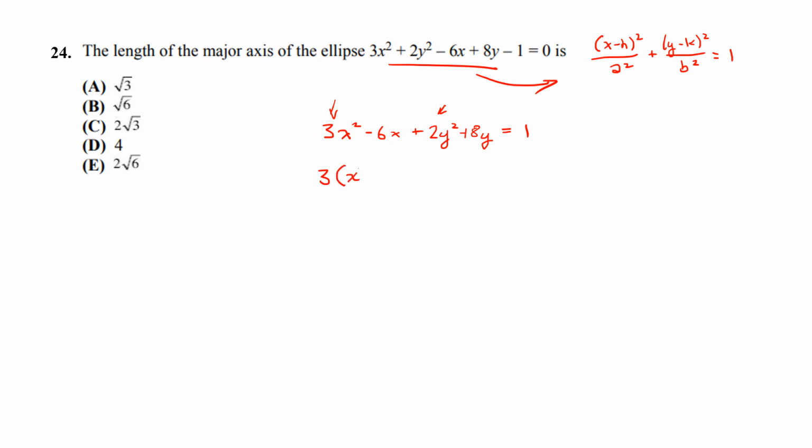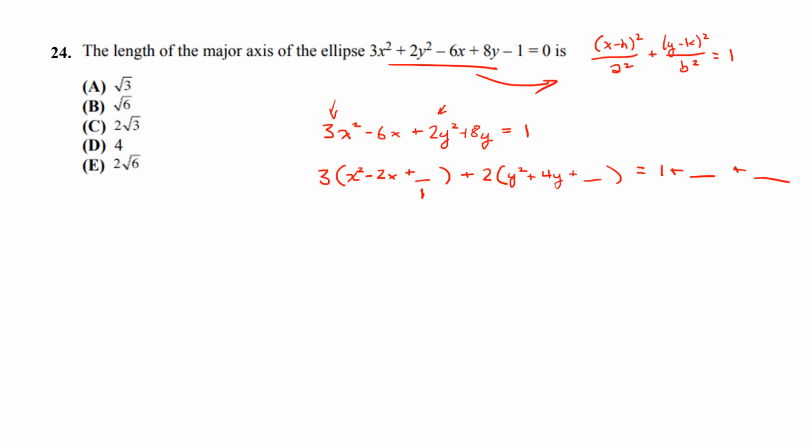So 3 times (x squared minus 2x plus something), and we're going to add that to 2 times (y squared plus 4y plus something). And we have to reflect that on the other side, 1 plus something plus something. All right, so let's complete the square.